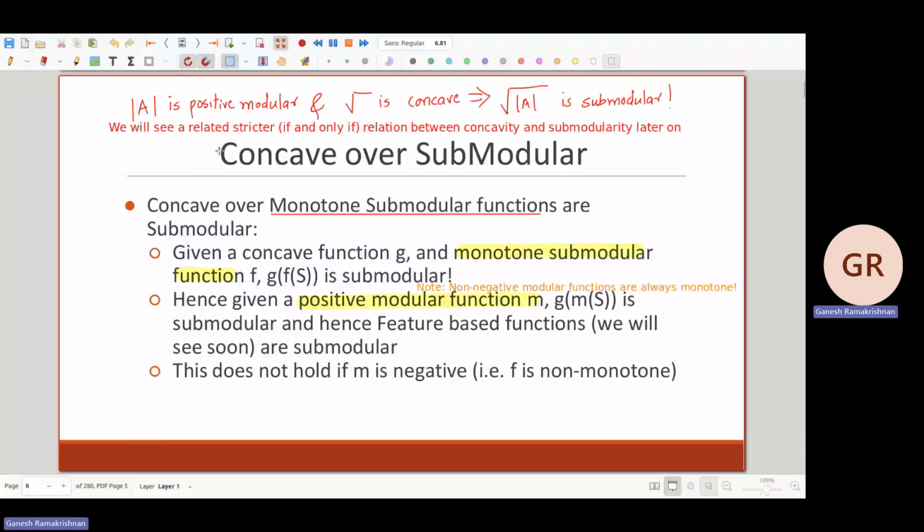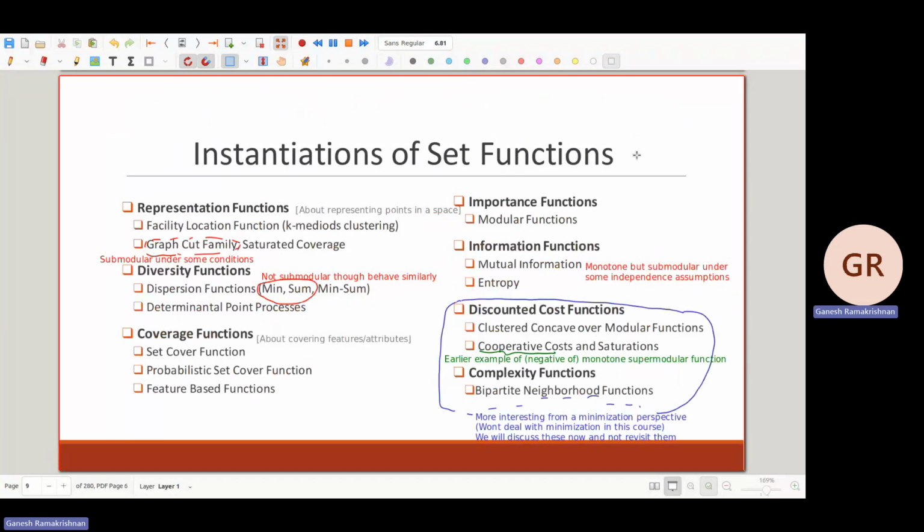We'll see a stricter relation between concavity and submodularity, which will come later, as a glimpse into the connection. So there are multiple set functions which are instantiations of either submodularity or monotone submodularity, or some of them which are just modular.